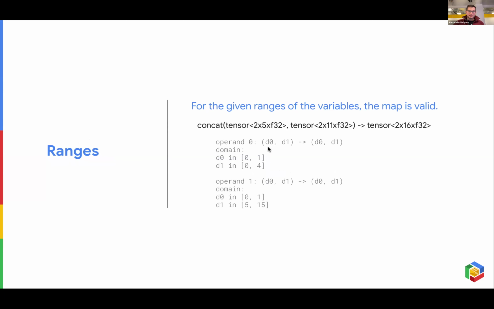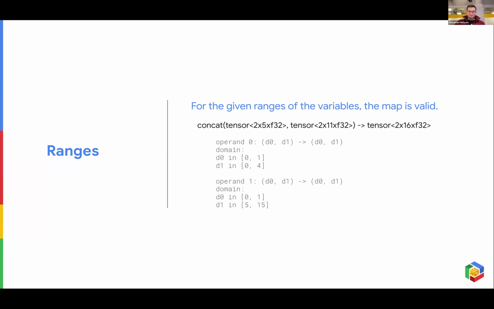Ranges. Ranges are specified for dimensions and symbols, so for range variables, for runtime variables, and for dimension variables. If we take a value outside of this range, then the indexing map is not valid and it should be ignored. For example, for concat, we concatenate 2 by 5 and 2 by 11 tensors, and we get 2 by 16.